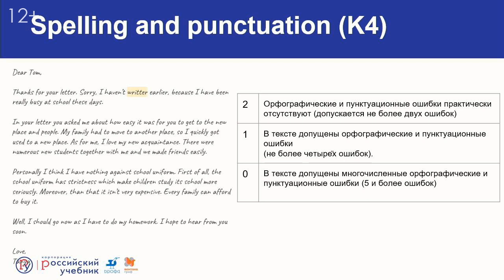So I wouldn't really penalize a learner for that little problem with the comma. And anyway, even if there are two mistakes, spelling and punctuation mistakes, even if we do count that comma after personally, they still get maximum for their spelling and punctuation.